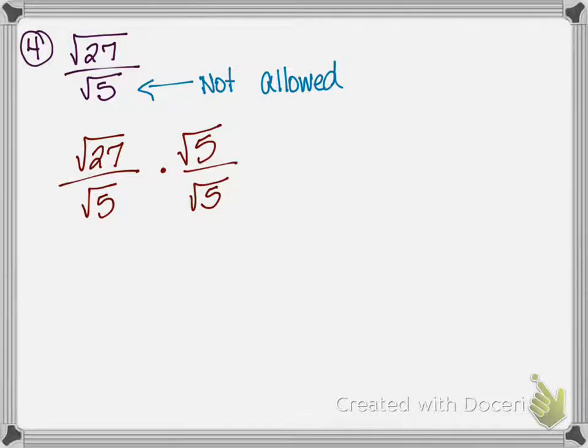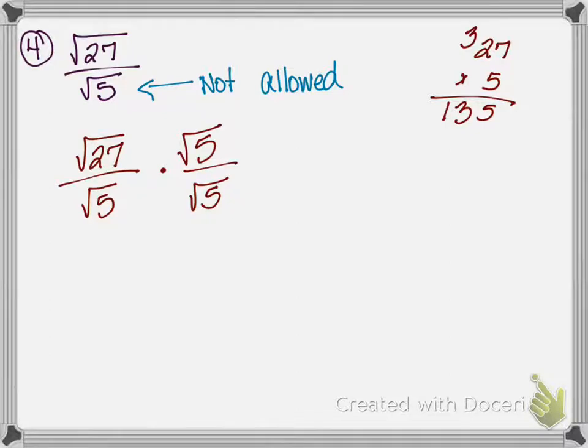Now, some students will multiply 27 times 5. 5 times 7 is 35. 5 times 2 is 10, plus 3 is 135.